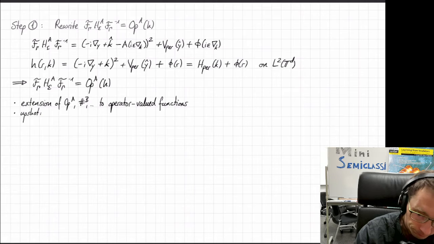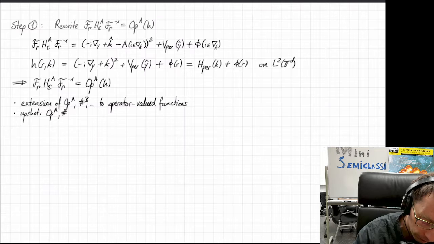But everything we have learned about Weyl quantization and, for example, the product is really the same as before.